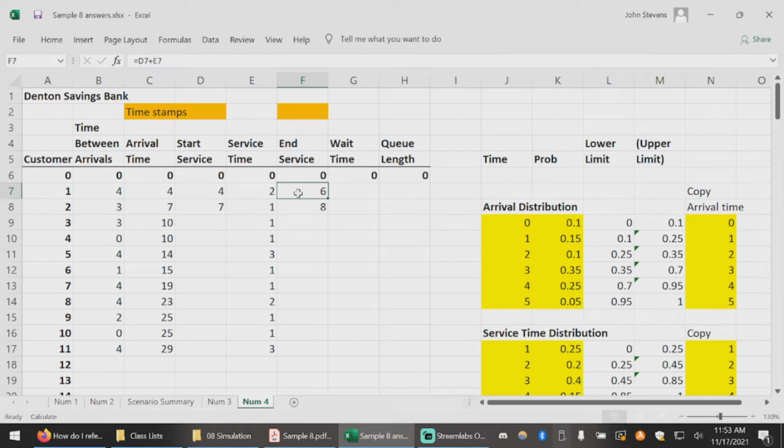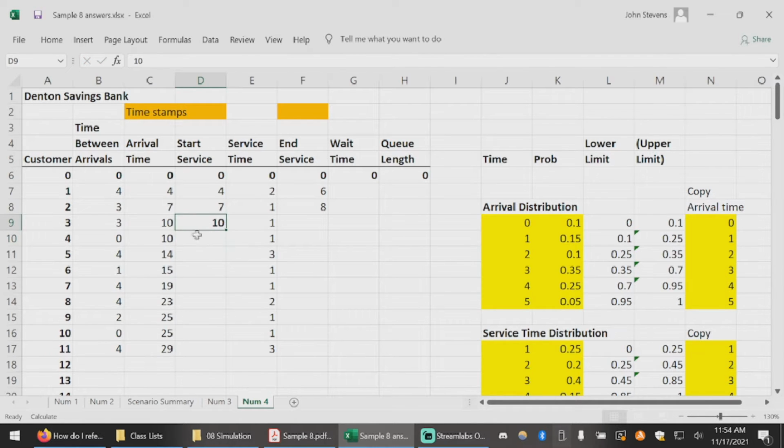Because the previous customer was already done, they can move right along to start their service. It takes 1 minute. They end at minute 8, not 10, 8. Then customer 3 arrives at minute 10, and I see that the previous customer was already done, so they can move right ahead.